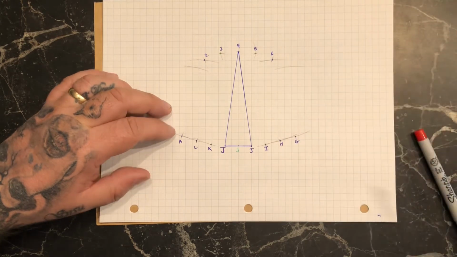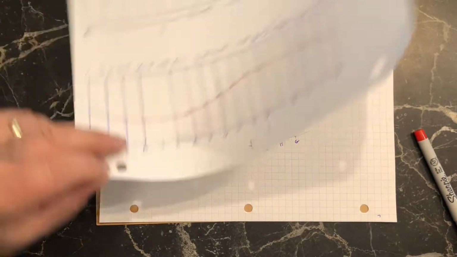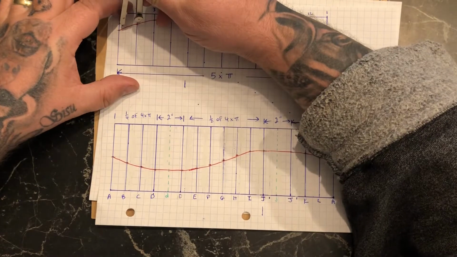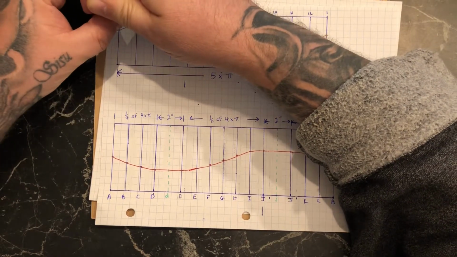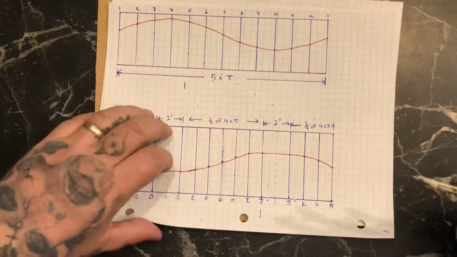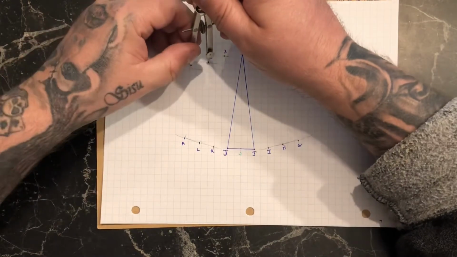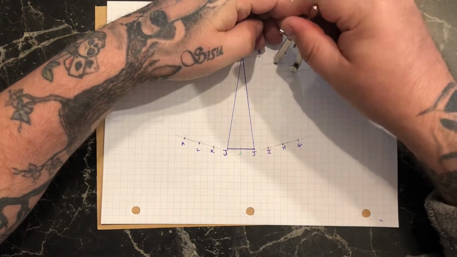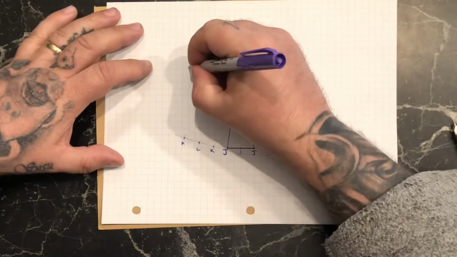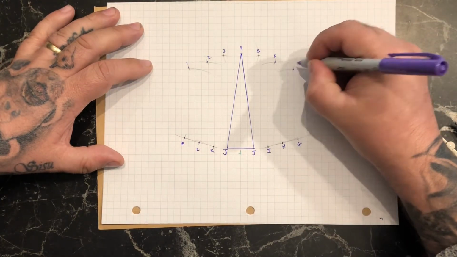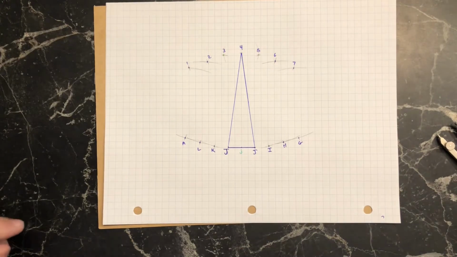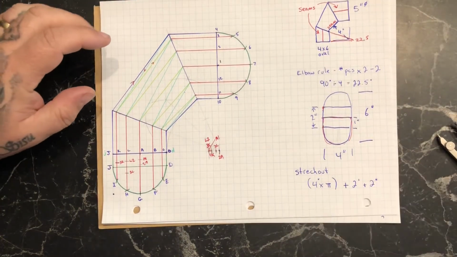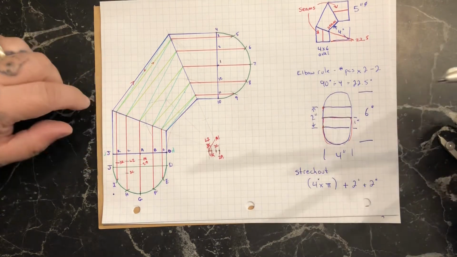Do the same on this side. And 2 to 1. Right there. And 7. Okay.